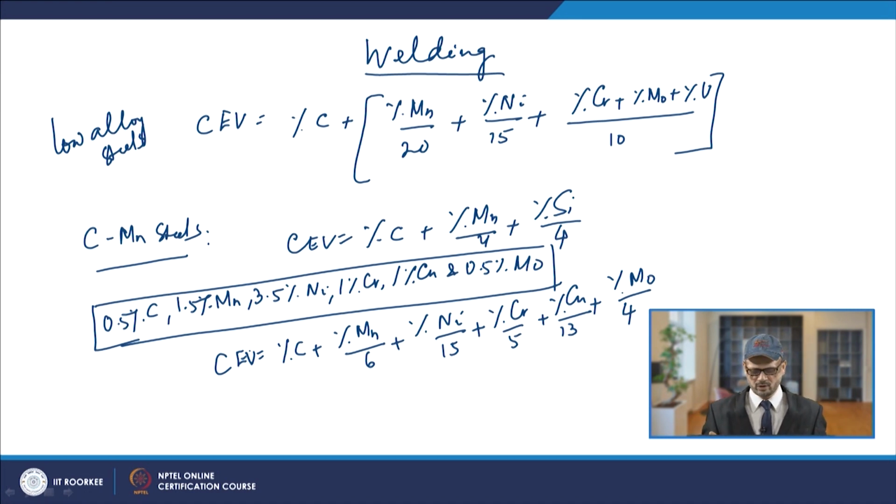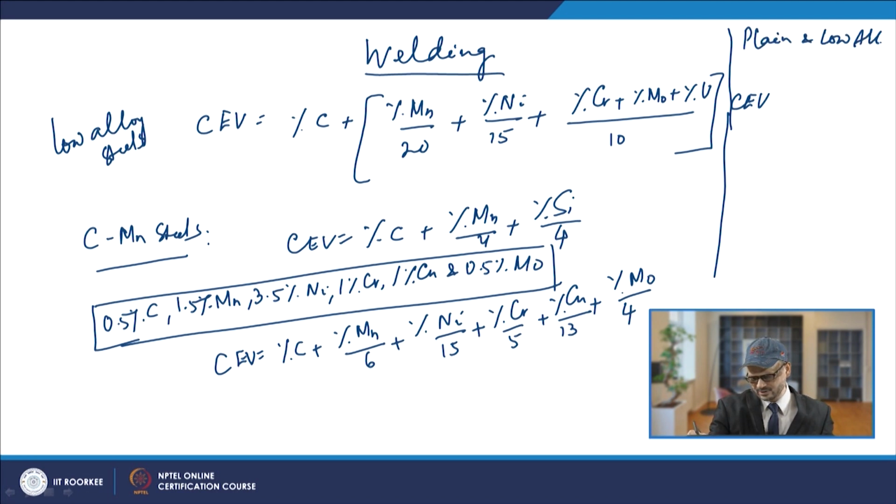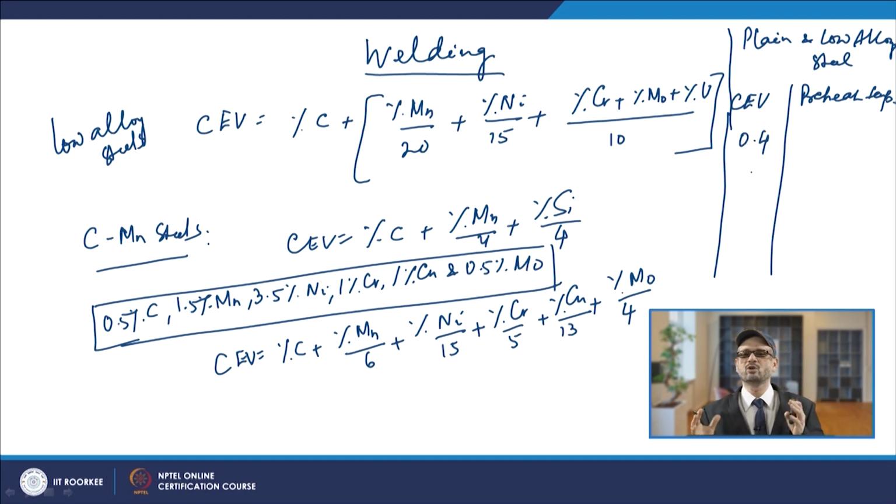Suppose you have a carbon equivalent value. For plain and low alloy steels, if you have a carbon equivalent value in a certain range, then you will have some preheat temperature. It has been reported that if the carbon equivalent value is 0.4, the lower the carbon equivalent, the lower the preheat requirement.